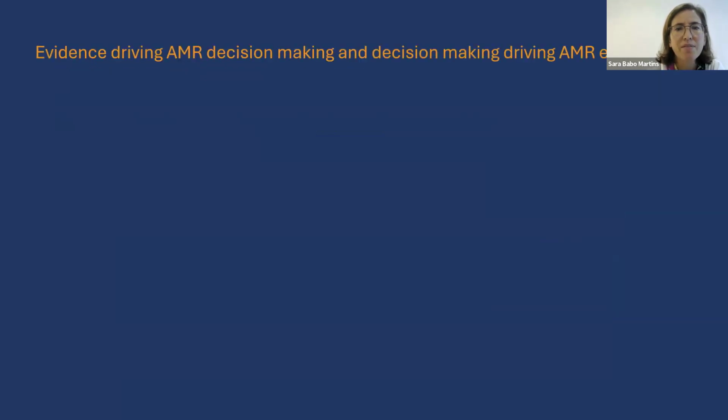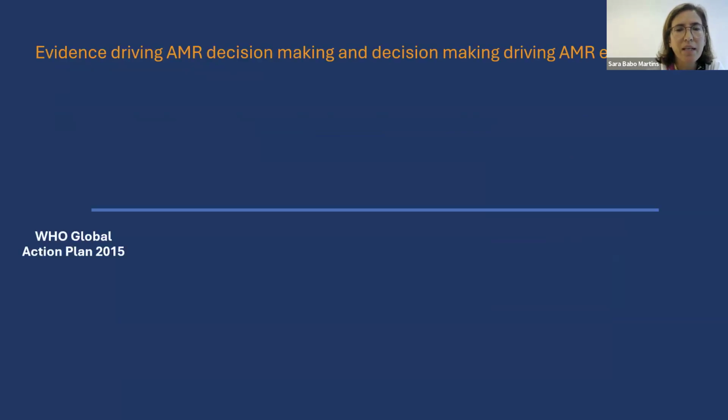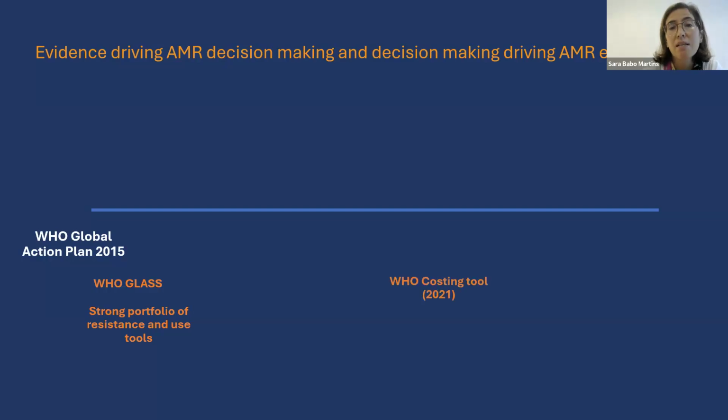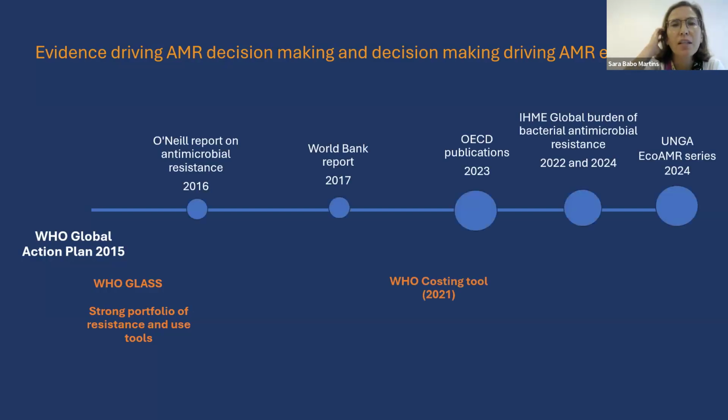So where are we in terms of economic tools in the realm of AMR, particularly in human health? Now, we potentially have a stronger portfolio of resistance and usage tools. This is for human health. There are international tools, there's a range of regional tools and national tools as well. There is an international costing tool, particularly for the national action plans. And there's an ever-growing body of evidence, I mentioned this already, on how AMR impacts human health.